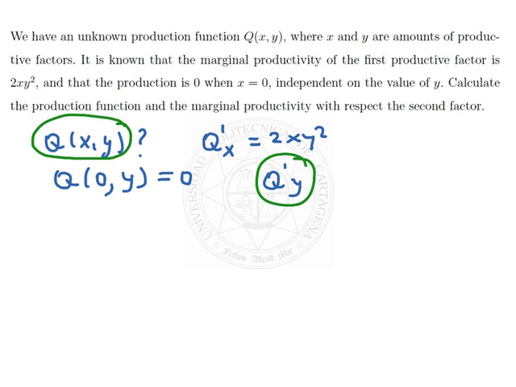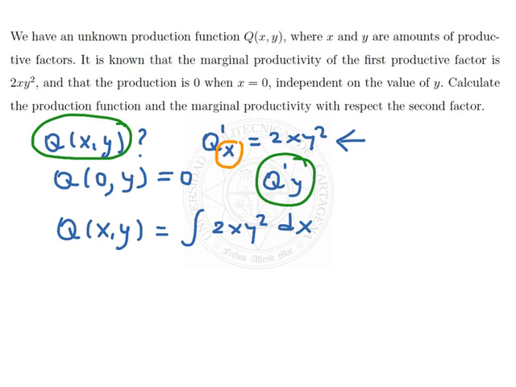So, as we know this derivative, to calculate the original function, we must calculate the integral of the function 2x y squared with respect to x, because the derivative that we know is with respect to x.